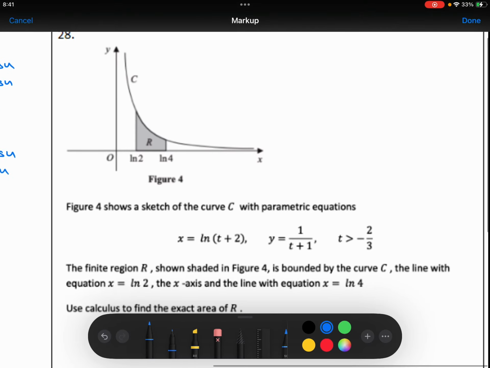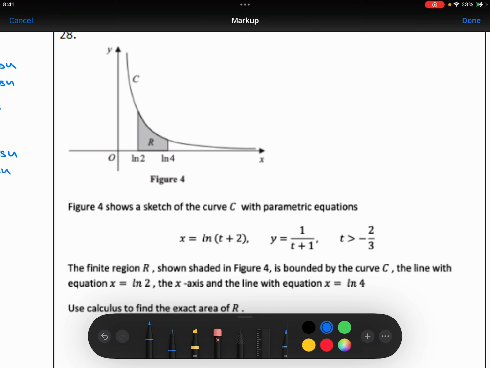Question 28. We are finding the area R with some parametric integration. So, we're going to integrate y times dx by dt with respect to dt. The y, we know what that is. The dx by dt, we need to find that.